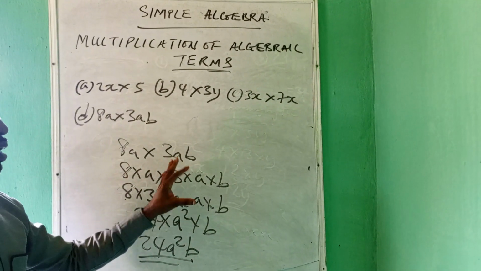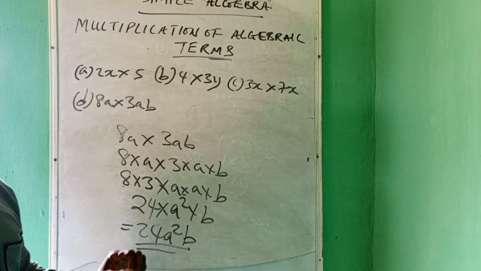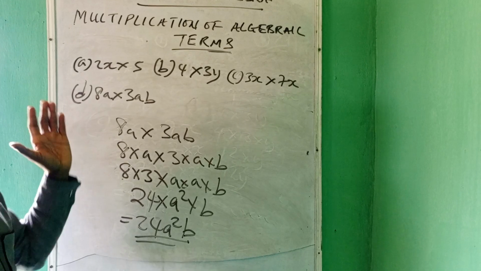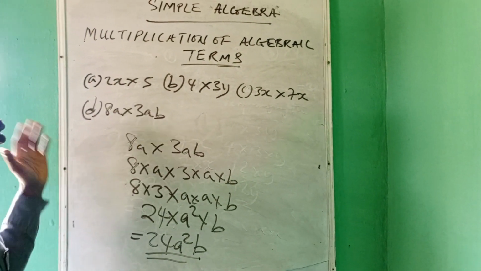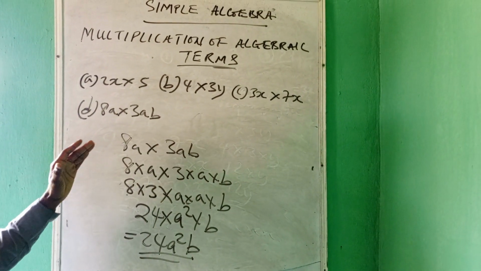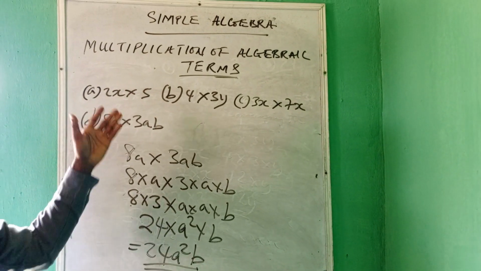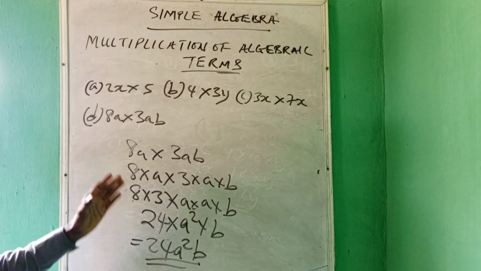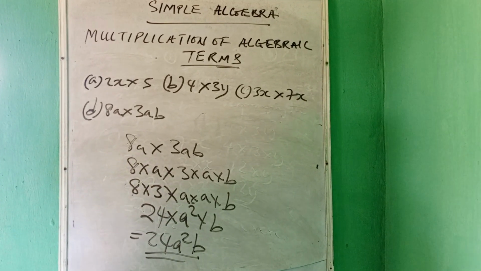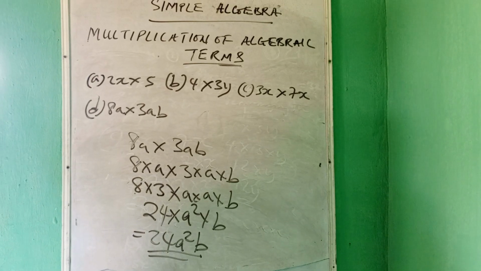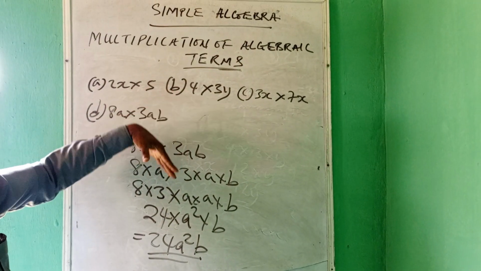By the time you do this small exercise, you have taken that maths from your short-term memory to your long-term memory. Now you are ready for division of algebraic terms, in which what we've learned now will also come up, because in division of algebraic terms, you first of all do a form of factorization before you do your proper division. So make sure you do your little take-home assignment so that you'll be prepared for our next class. Thank you.